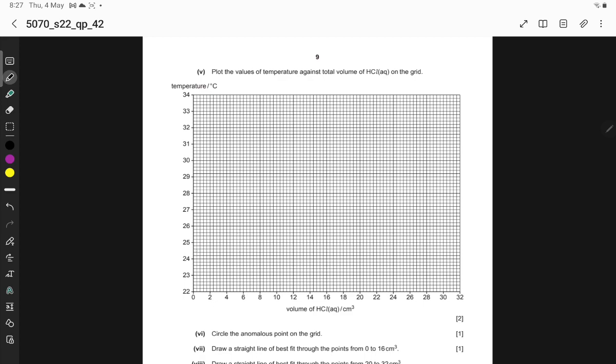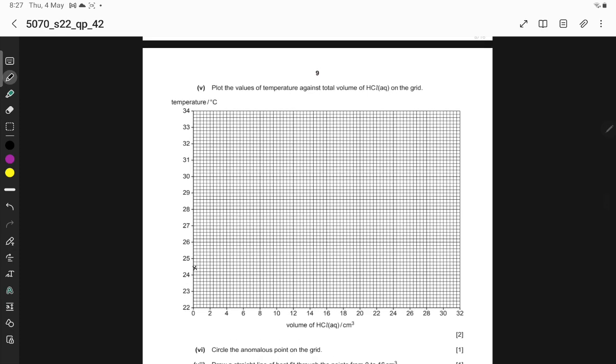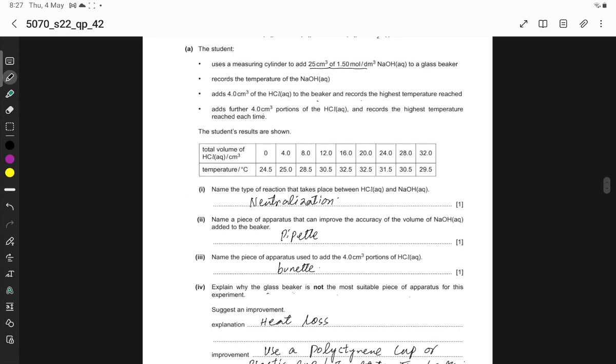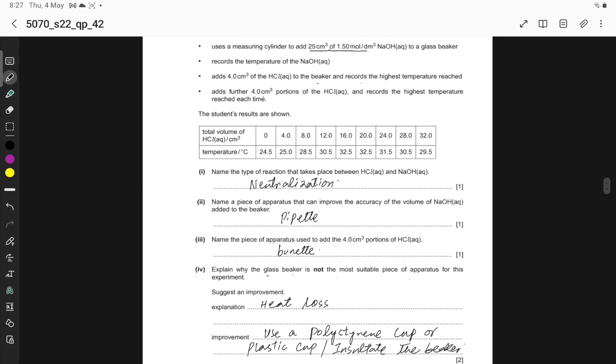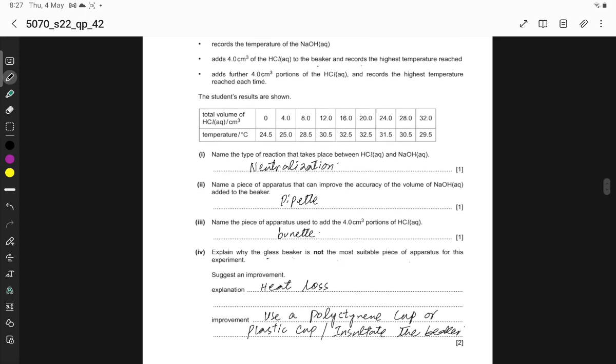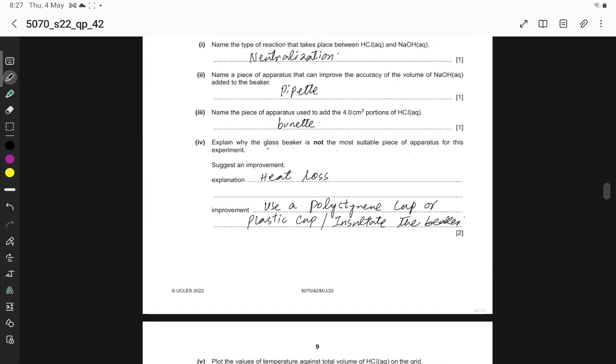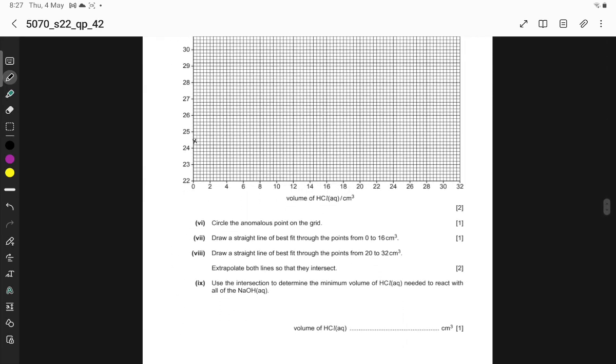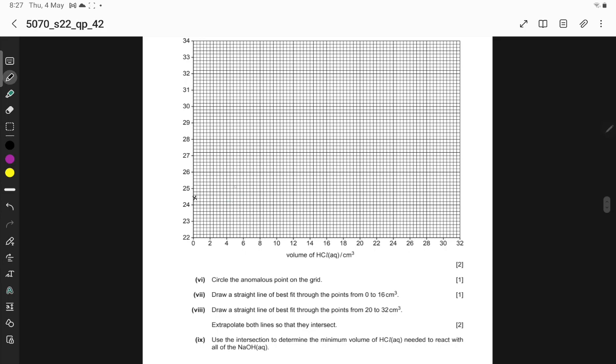You can do either dot or cross. The next value is 24.5, then 25 at 4.